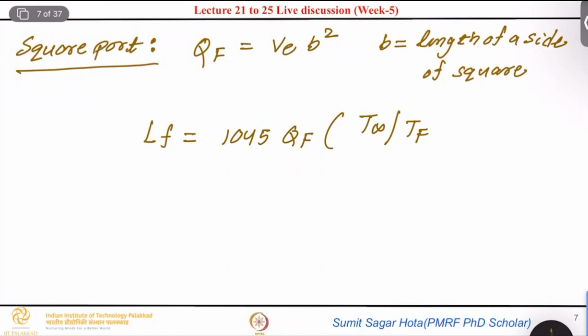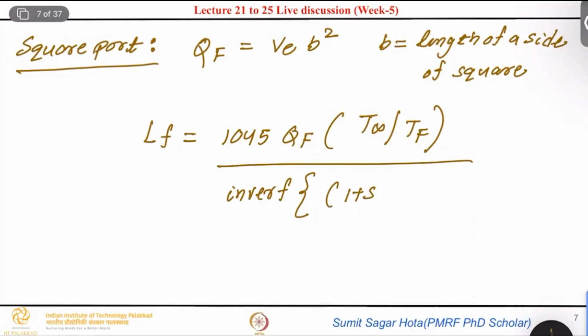Here you see LF is equal to 1045 QF T infinity by TF, divided by the inverse error function of 1 plus S to the power minus 0.5, whole square.